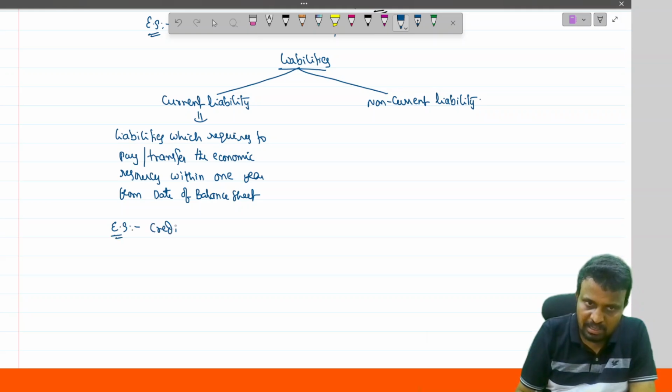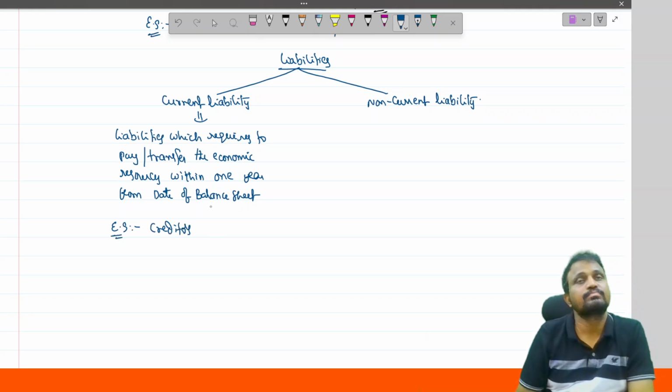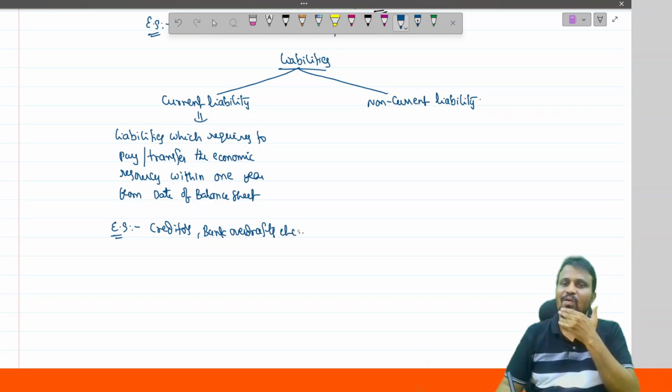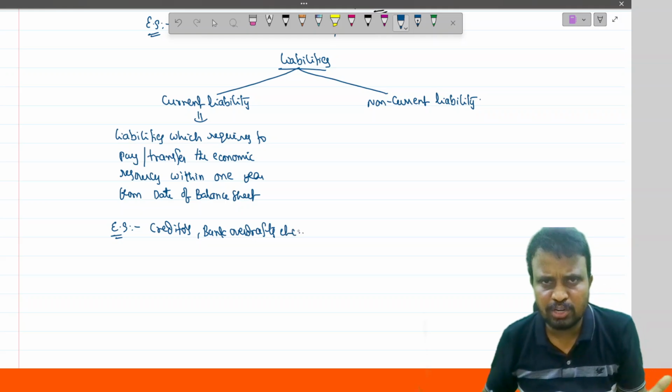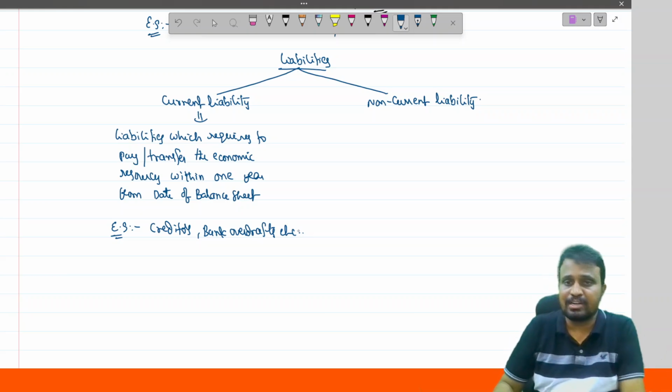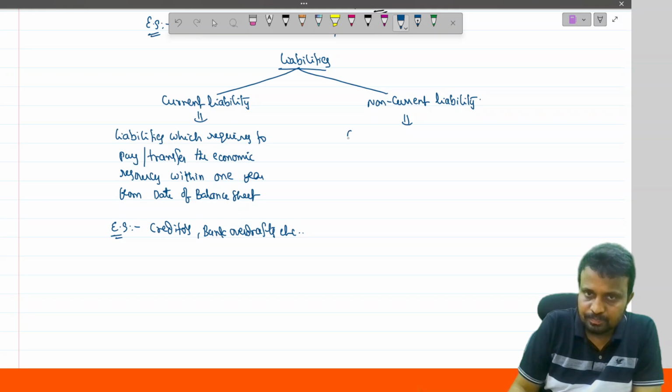Example, creditors, and bank overdrafts, which are also required to pay within 40 or 45 days. So liable to pay within 1 year is covered under current liability.